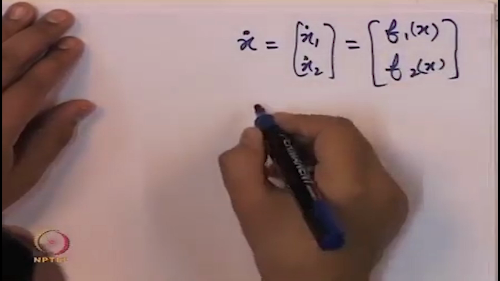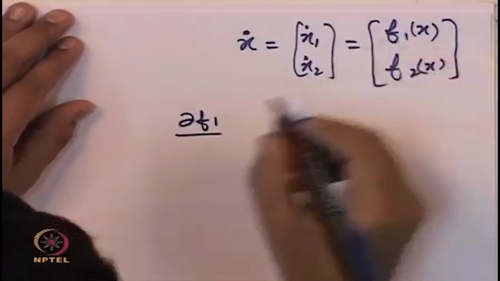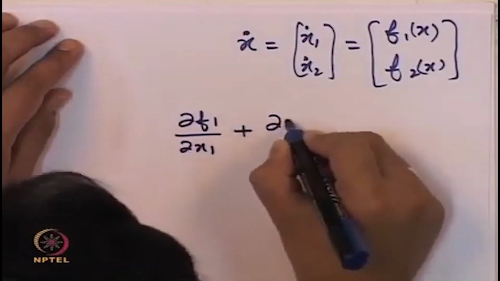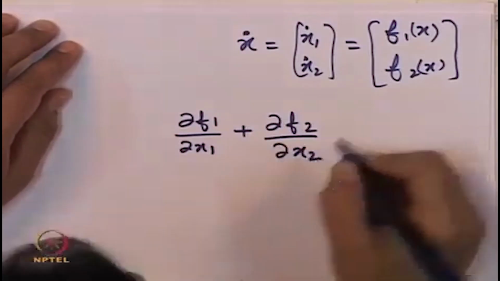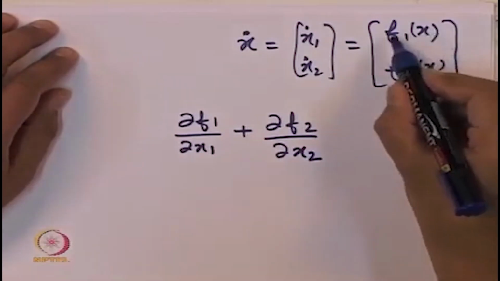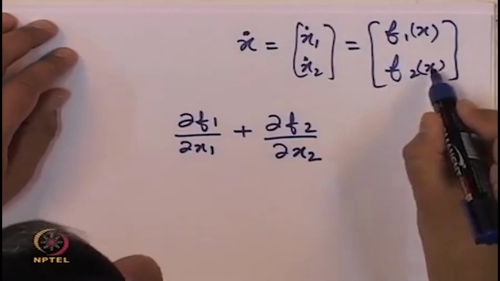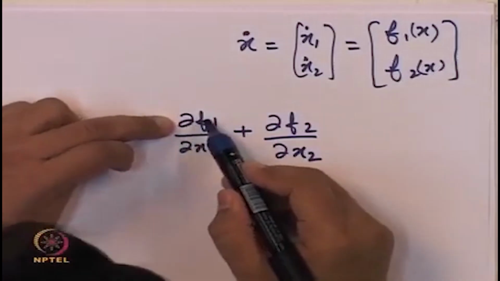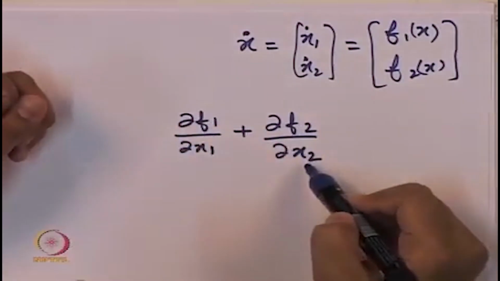Now we differentiate f1 with respect to x1, and to that we add the partial derivative of f2 with respect to x2. Note that f1 and f2 depend on x, which is x1 and x2, hence we have these partial derivatives.